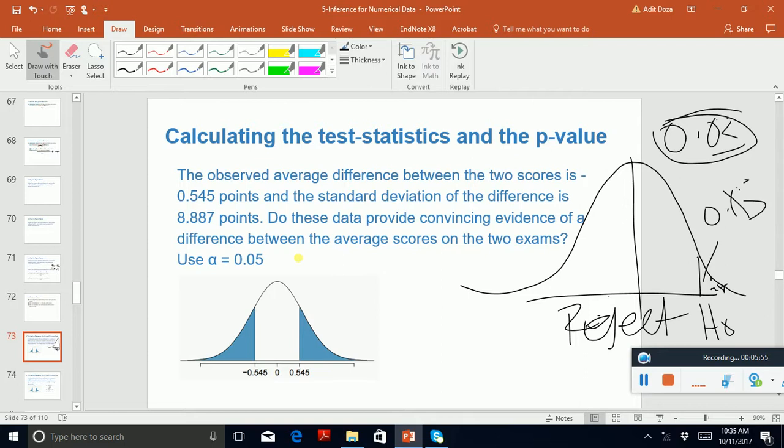So I'll do it on the blackboard for this. They have given us the difference, which is 0.545, and the standard deviation is 8.88. And to test, the significance level is 0.05.